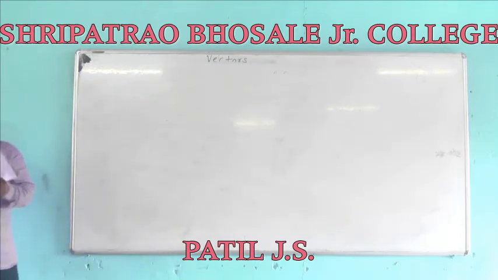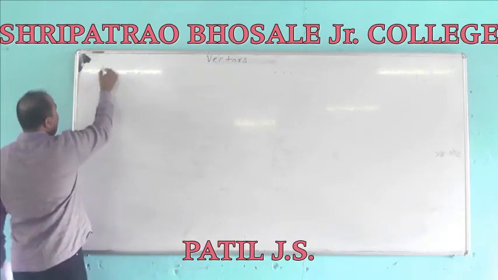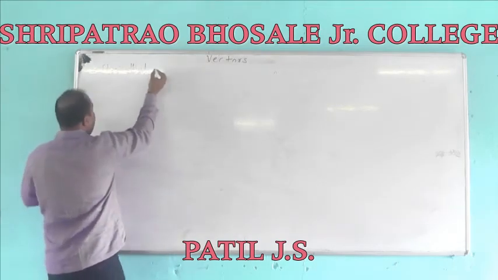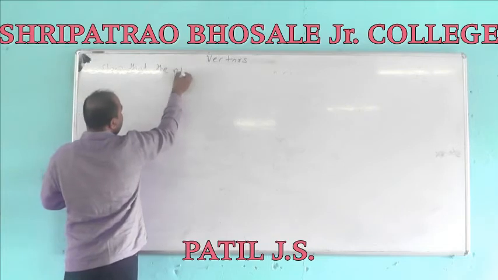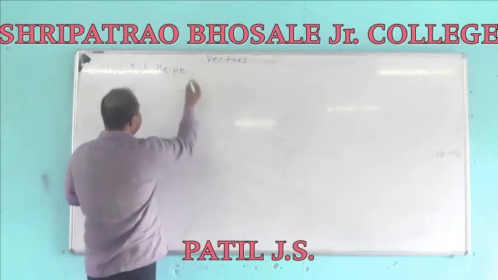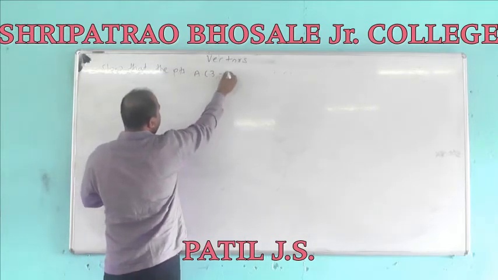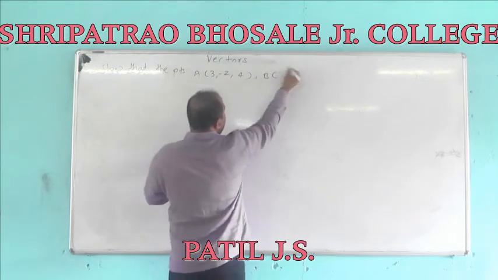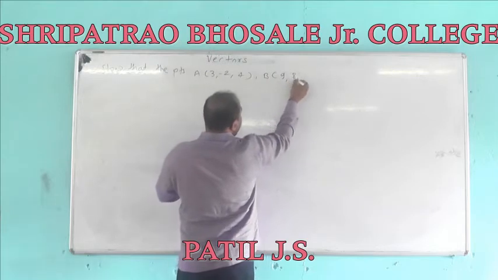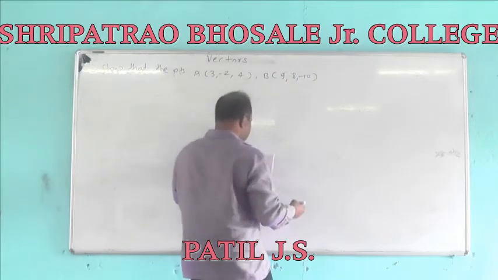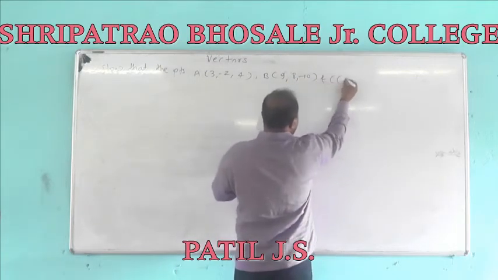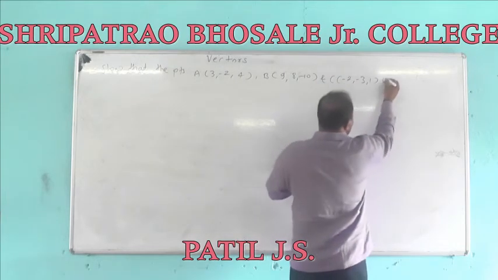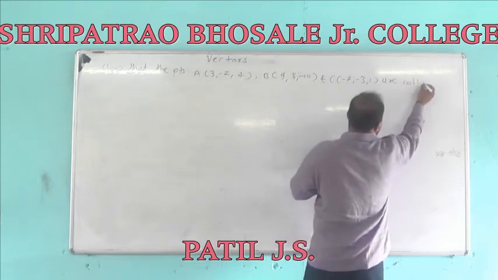Next is, show that the points A (2, -4, 9), B (9, 8, -10) and C (-2, -3, 1) are collinear.